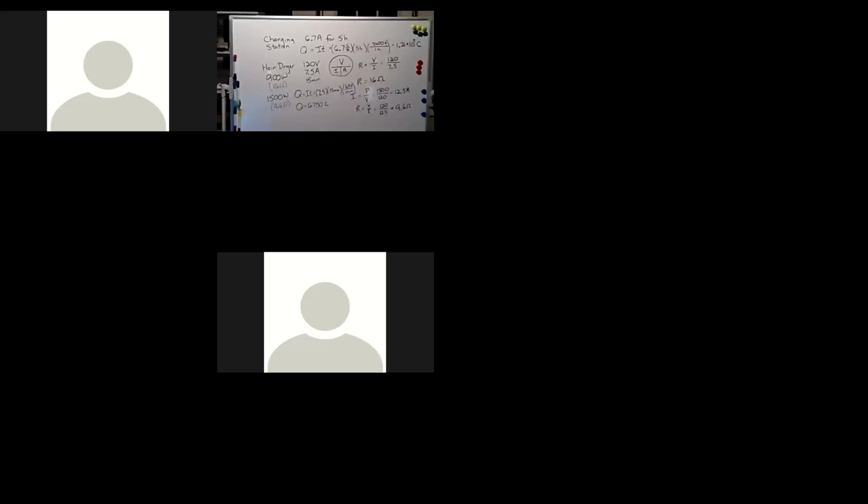Turn this light off to cut down on the glare. Yes. And a little bit of focus. Still a little tilted. Okay, that looks good. Okay.